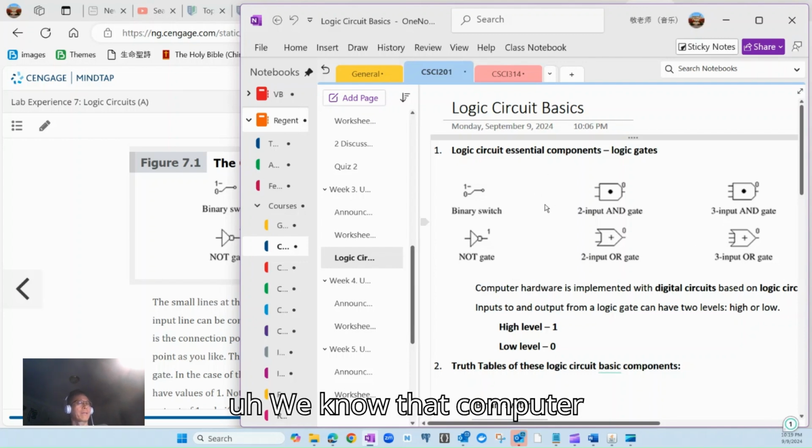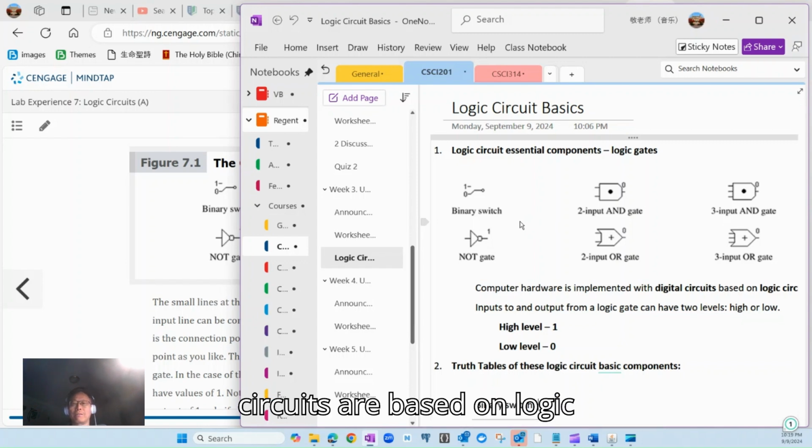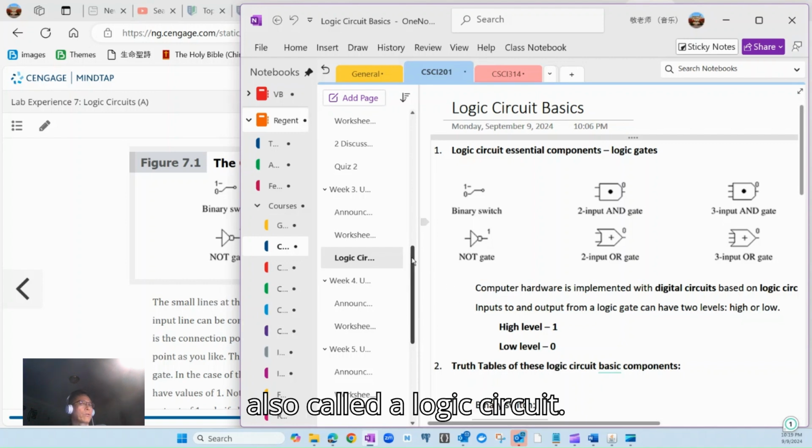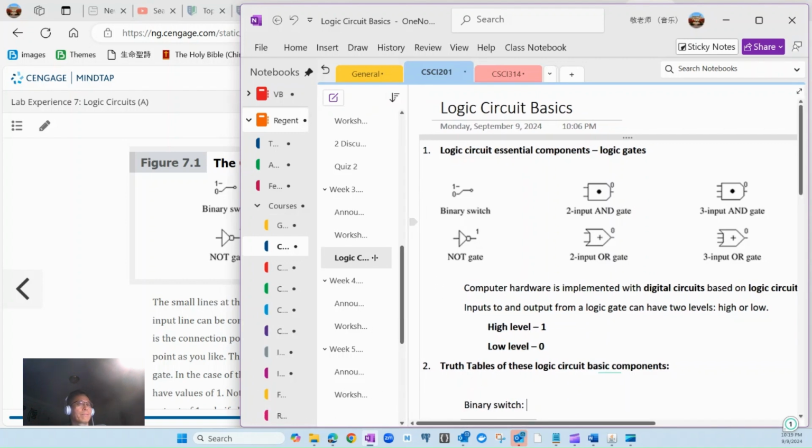We know that computer hardware is based on digital circuits, and digital circuits are based on logic circuits, or digital circuit is also called logic circuit.